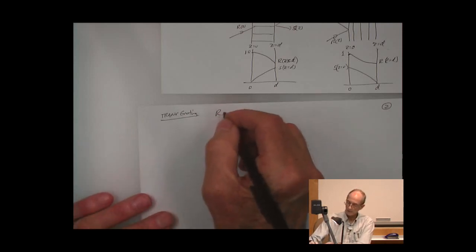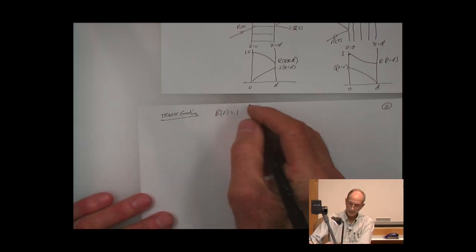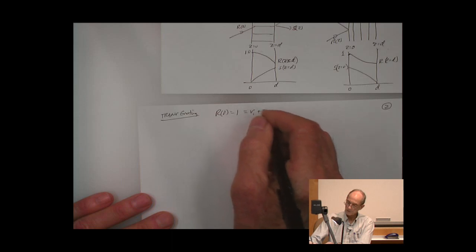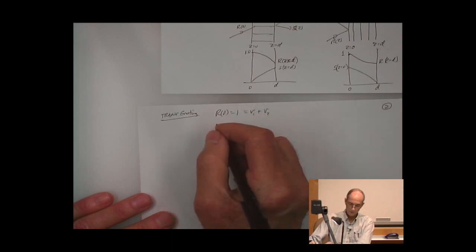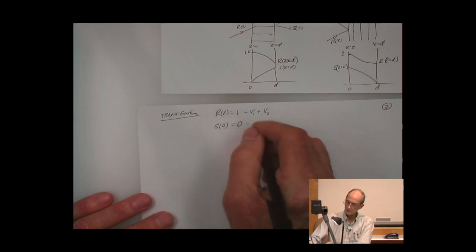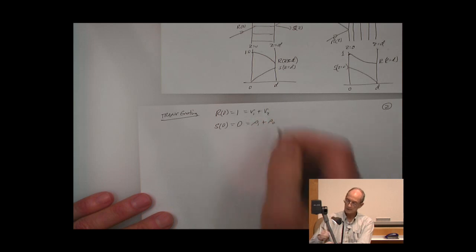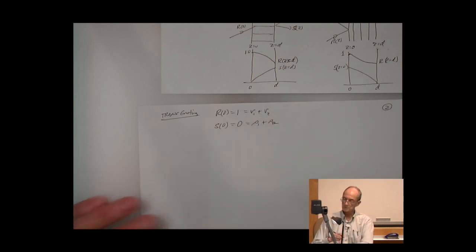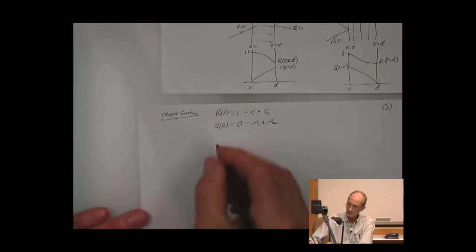Again, so we had r of 0 equals 1, and so this equals r1 plus r2, and we also know that s of 0 is equal to 0, and this was s1 plus s2. And so with that, we were able to find a solution for s of d, the amplitude.